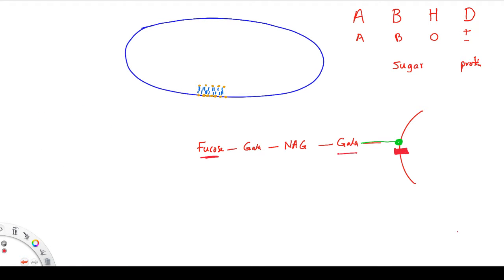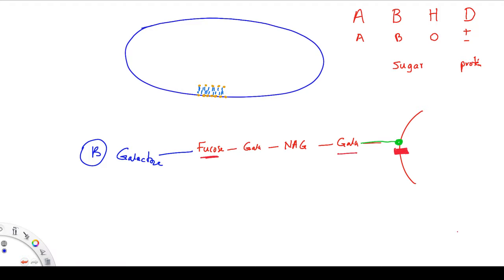Now, if I attach to this H antigen, if I attach to this galactose, this is considered B antigen. Okay? Look, the H antigen is a precursor for what?